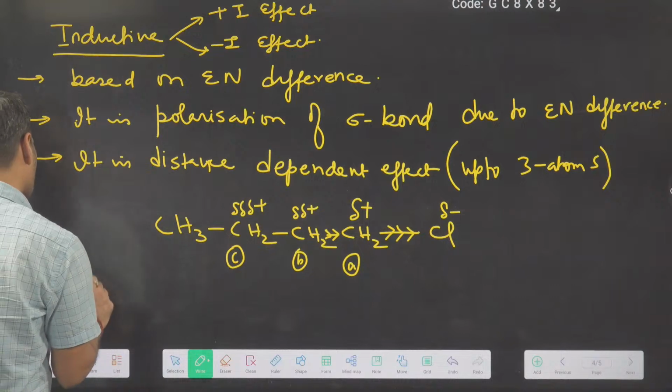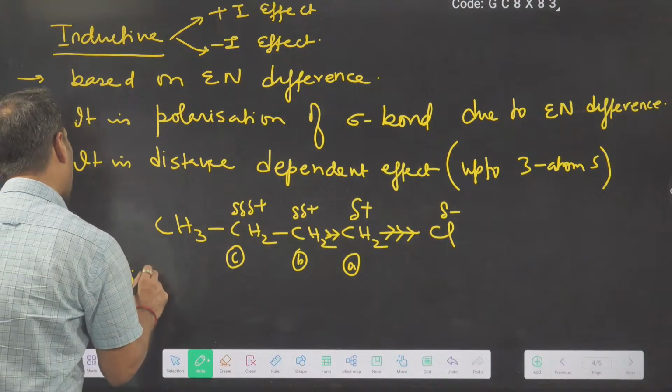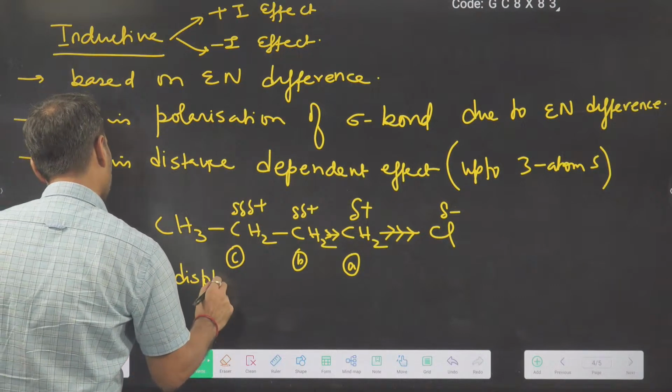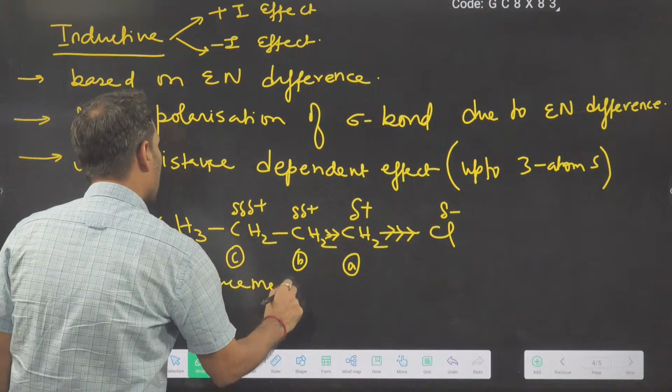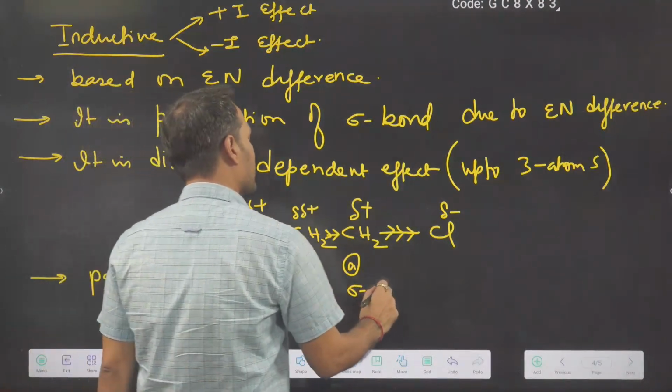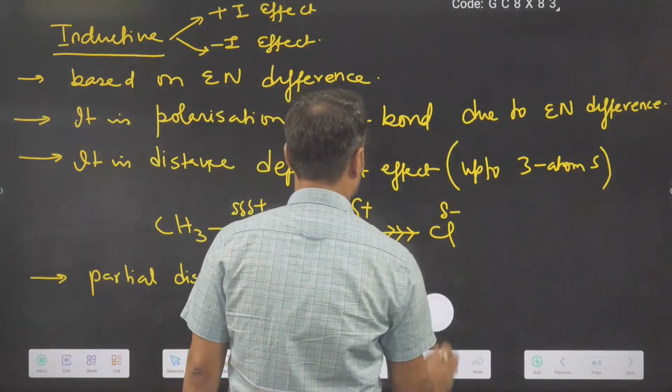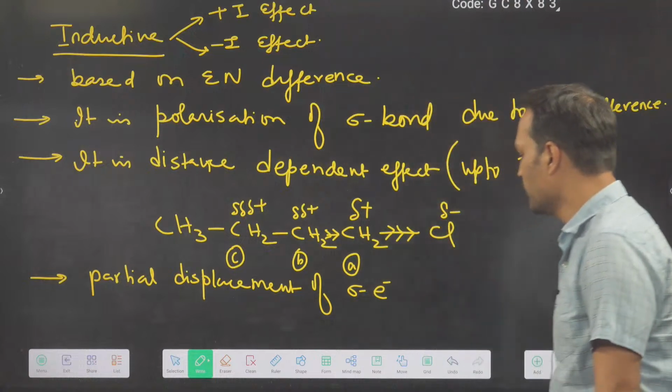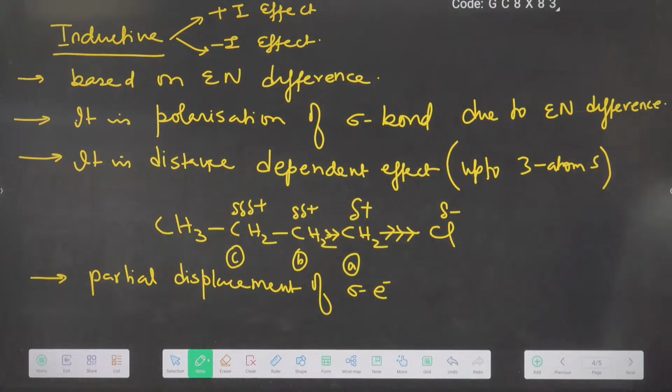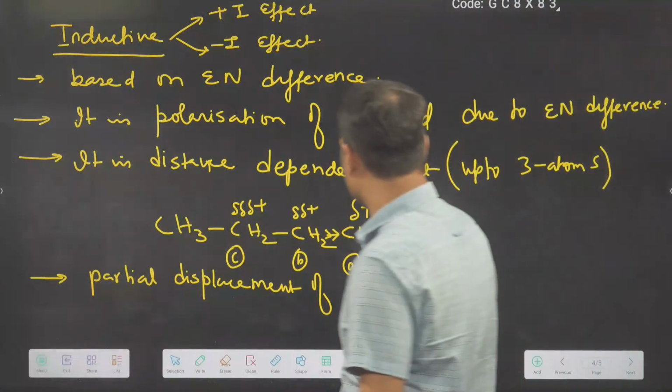So they also call this the partial displacement of sigma electrons. Inductive effect is also partial displacement of sigma electrons.